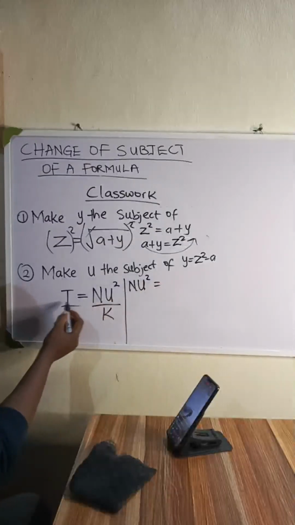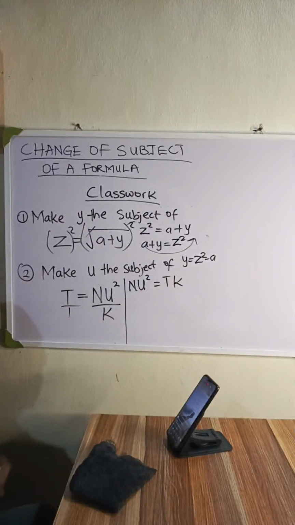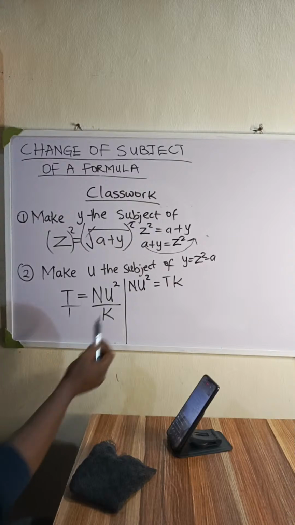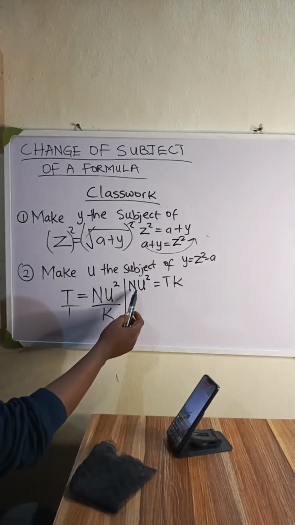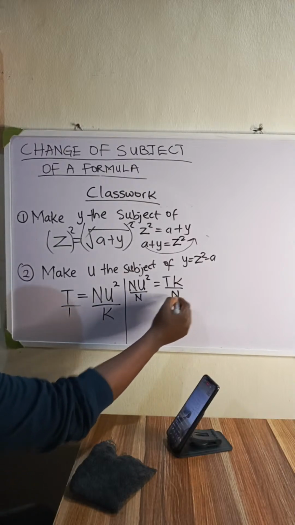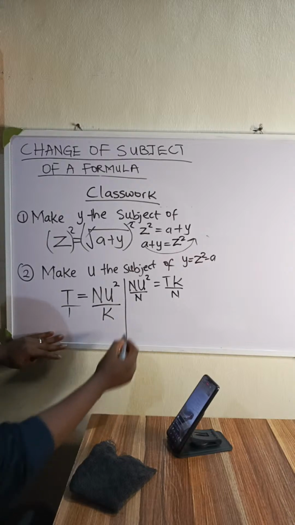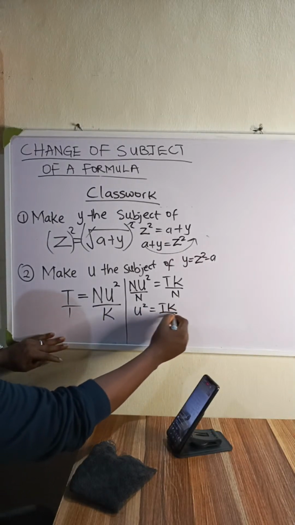It's equal to t times k, which will give us tk or kt. And then we want to make u the subject, so n has to go. So we divide both sides by n. This will give us u squared is equal to tk all over n.